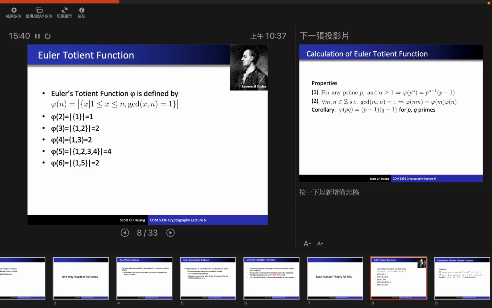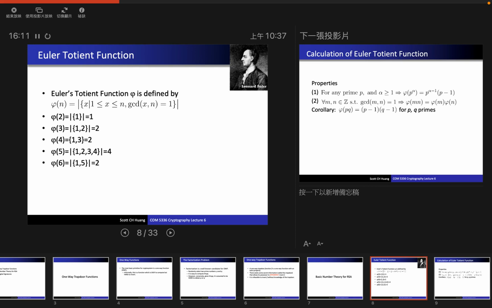We really don't need to consider n because n won't be relatively prime with itself. It's enough to consider these numbers up to 11. Now let's take a look. We're going to delete those that are not relatively prime with 12.